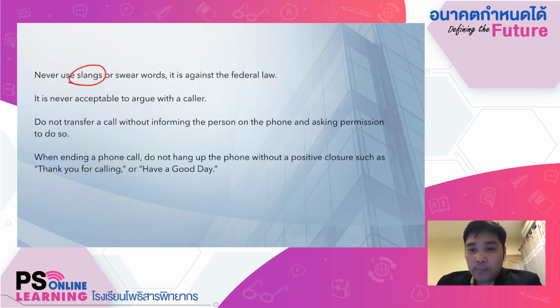A noodle. So เตี๋ยว can mean slang. Swear words, what are swear words? Swear words means bad words. You are always saying them, I know, to friends. Okay. So never use swear words or slang on telephone calls, importantly, business calls.